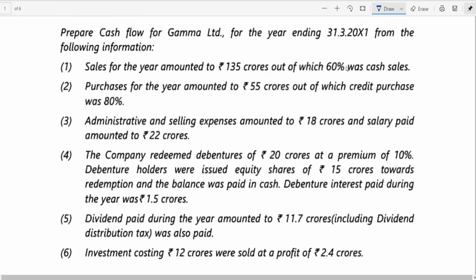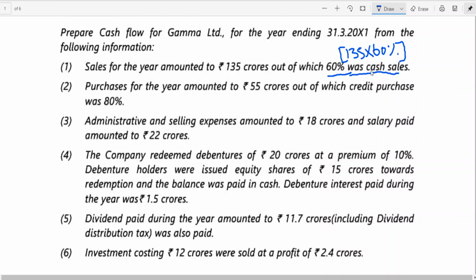If you look at it, 135 into 60% is cash sales. Whenever cash sales information has been given with percentage, obviously you should frame a thought in your mind that 40% is credit sales. That may be useful for us to ascertain the amount paid to creditors.